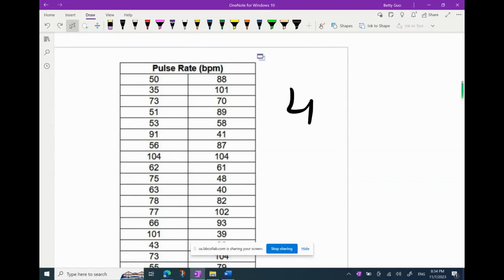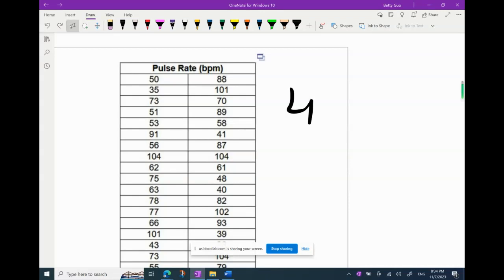So the first column, nothing wrong. And then 88, 89, 58, 41, 87, 104, 61, 48, 40, 82, 102, 93.